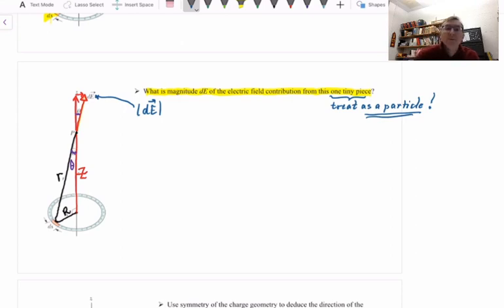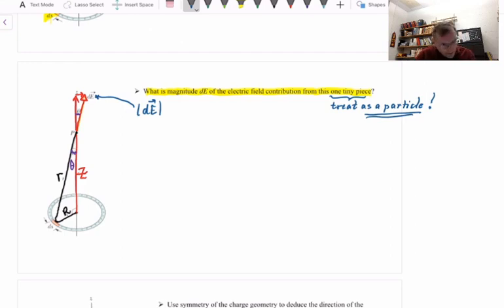Well, then we know the formula for the electric field of a particle, no matter how small. Take the charge of it over 4 pi epsilon 0 distance squared, the straight line distance from the charge to where you are.